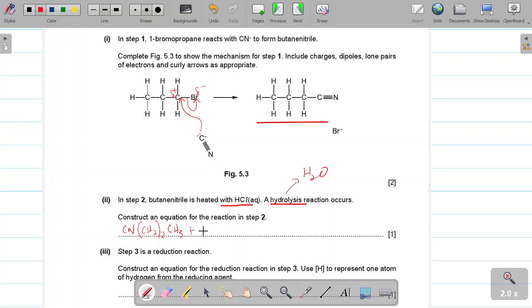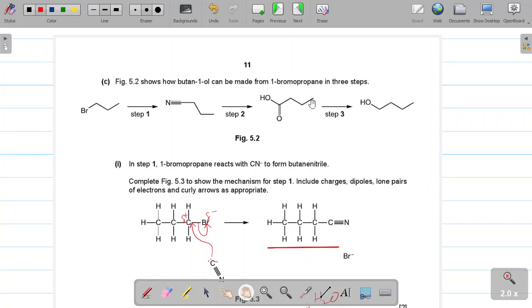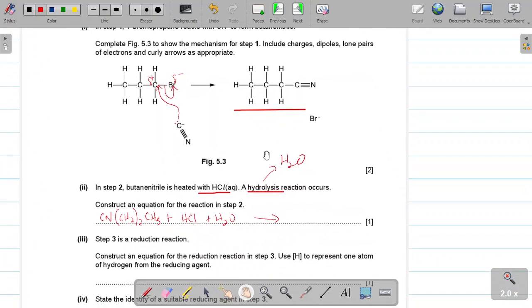They're telling us it's reacting with HCl, and we also need water because it's a hydrolysis. And this will give us, if we look at the structure up here, butanoic acid.